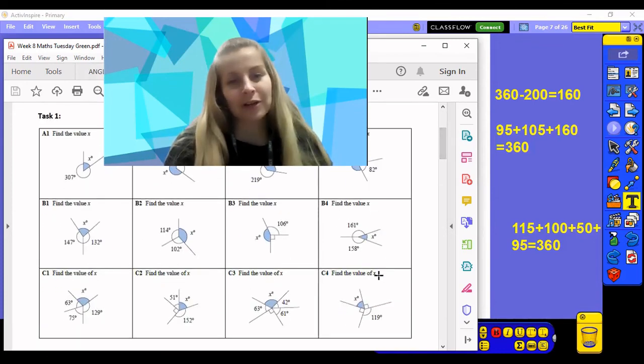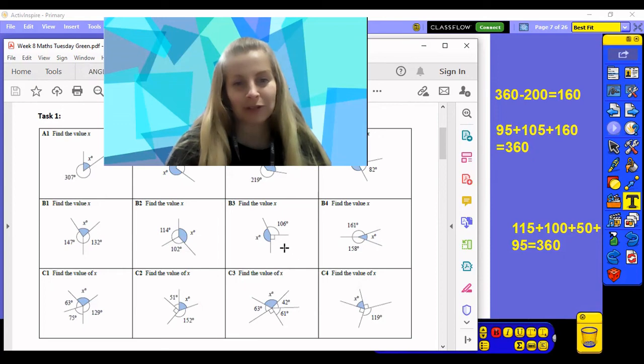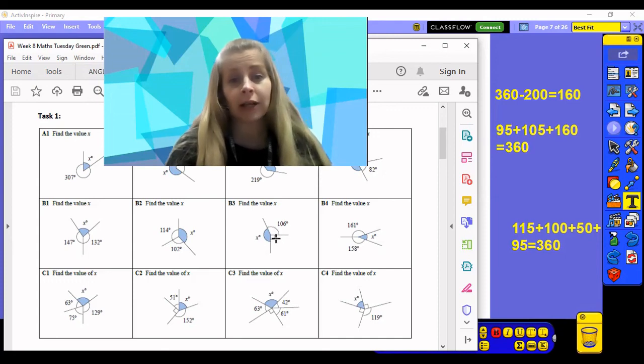Obviously, remember that 360 degree rule that's around the point, but also just looking at this one here, you might not be able to see, it's quite small, but there are a couple that have got this symbol marked. And it looks like there are actually two mystery angles because it's not got a number by it. But you should be able to remember that this symbol here in the corner of two intersecting lines marks a right angle, which is a 90-degree angle.